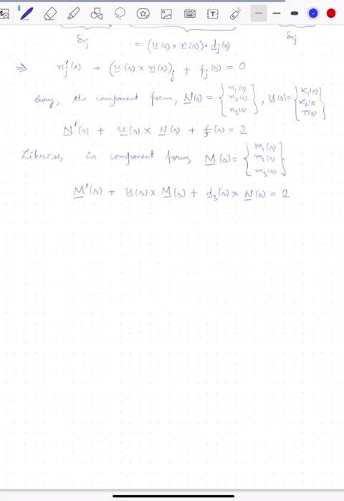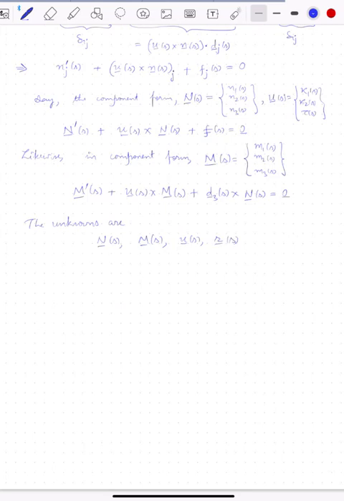Now we have an issue here. The unknowns are n vector, m vector, and also u vector, and of course r of s vector.